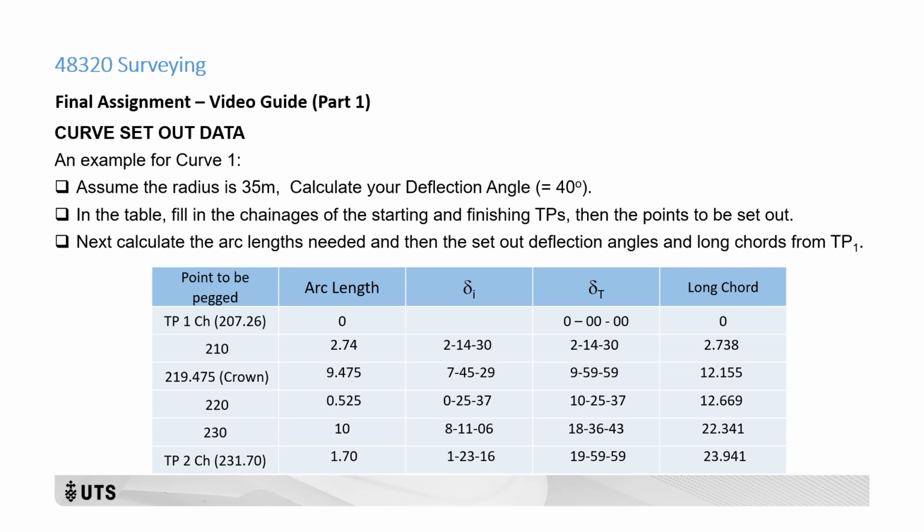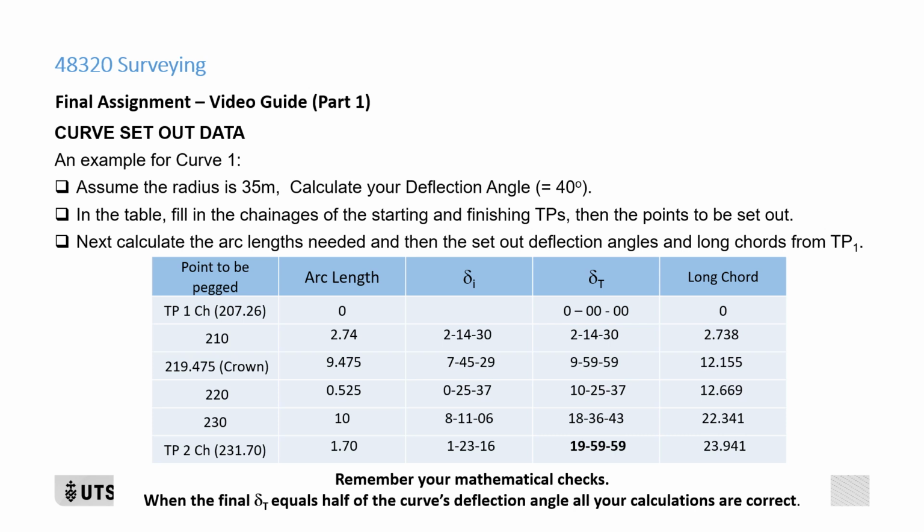Okay, well, as you know, you can go through, do the tabulations for the delta I's and the delta T's and the long chords, and then remember the mathematical check. The final delta T is 1959.59. That's as you get it on your calculator, that's fine. That is delta on 2. Now this checks a lot more than just your curves.